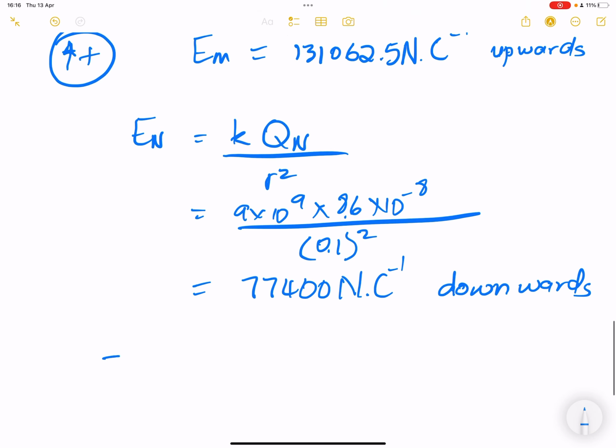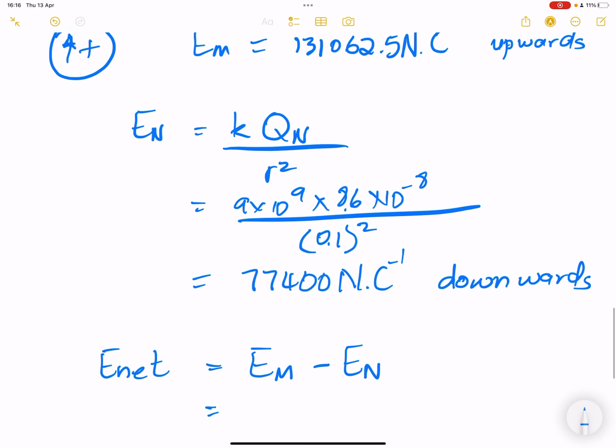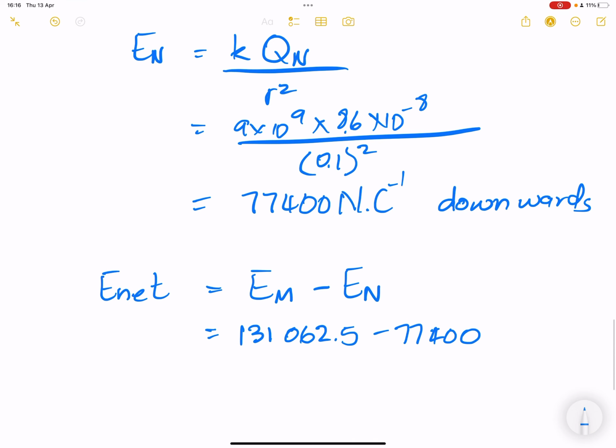So to get the net field, it would be the field due to N, because it's going up, it's going to be positive, minus the field due to M. So in this case, this is going to be 131,062. If you didn't want to have all of those numbers, you can just use scientific form, take 2 decimal places.